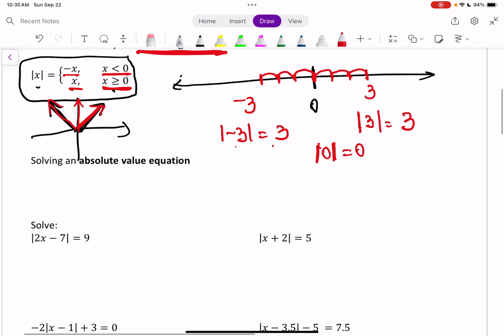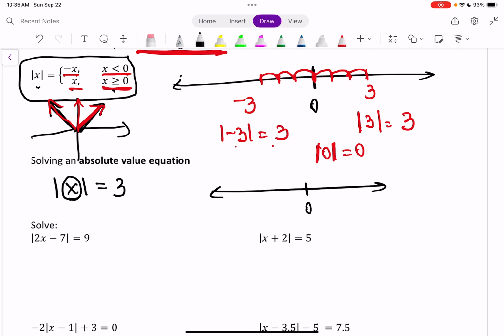If we solve an absolute value equation, here is a very simple one that tells us the absolute value of x is 3, then what are my choices? In other words, what kind of numbers can this x be? What kind of values are exactly 3 units away from 0?